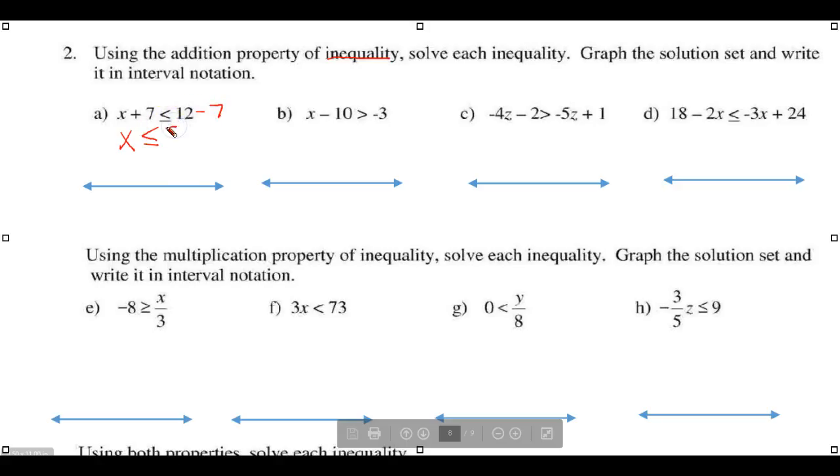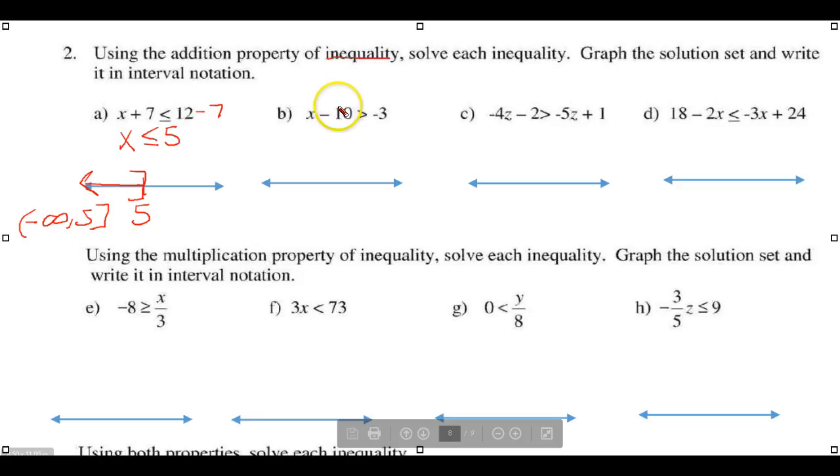So this will be 5. And again, the number we're interested in is 5. This is less than or equal. And we use a bracket going like so. And putting that in interval notation, negative infinity up to 5, bracket.